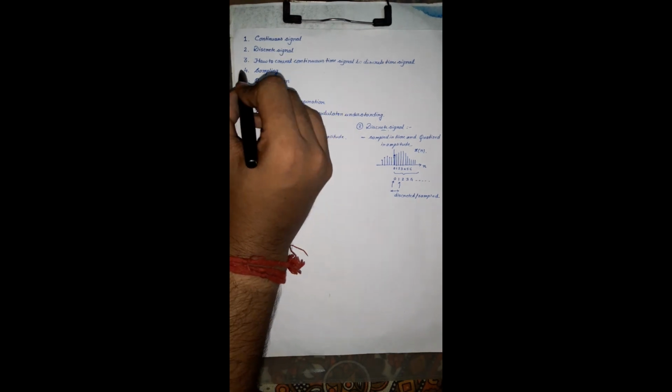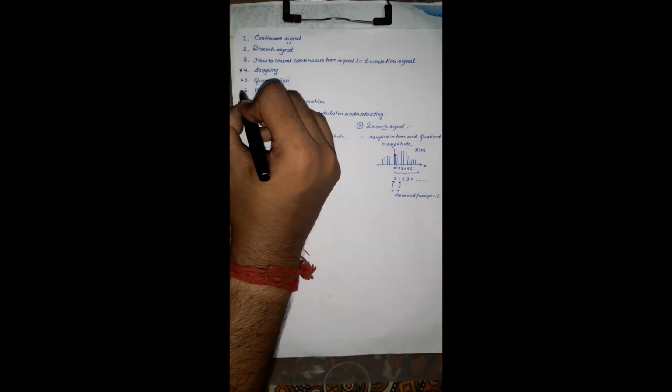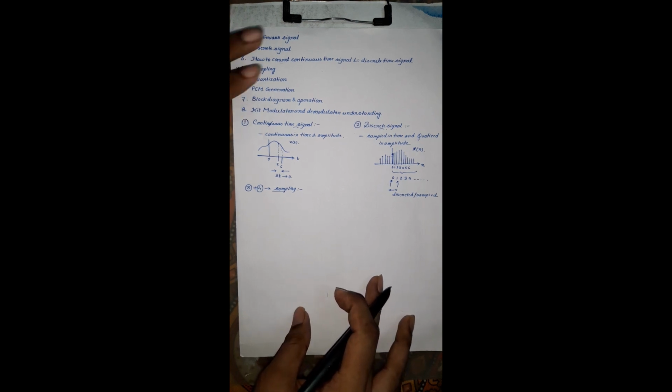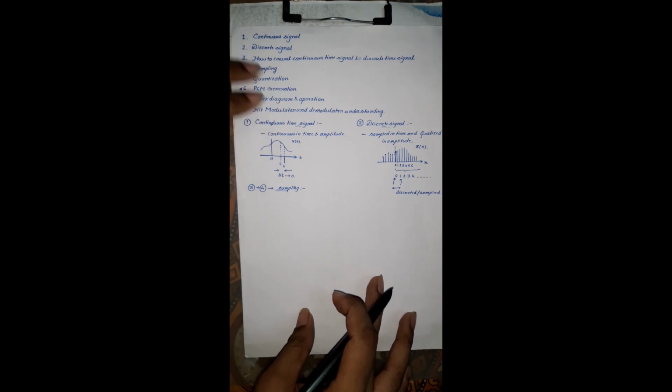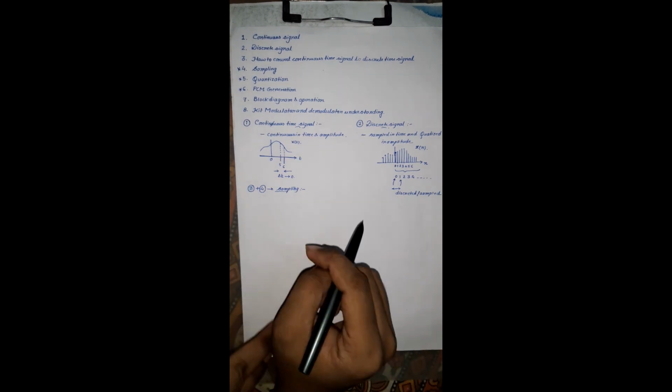Each and every stage, these steps 4, 5 and 6, these three steps are very important for our lesson, because they are interlinked with each other. And the block diagram is also important, but if you understand these three steps, the block diagram will be very easy. So just listen to these steps carefully. First of all, sampling.